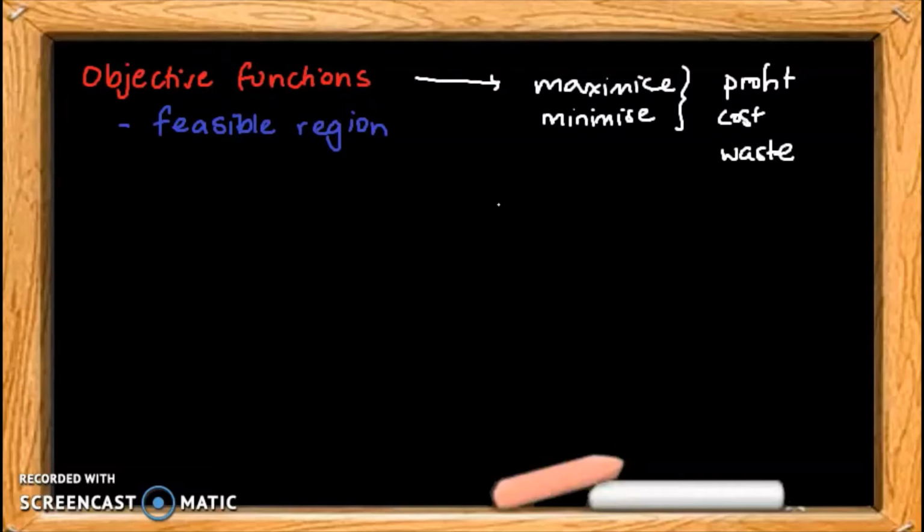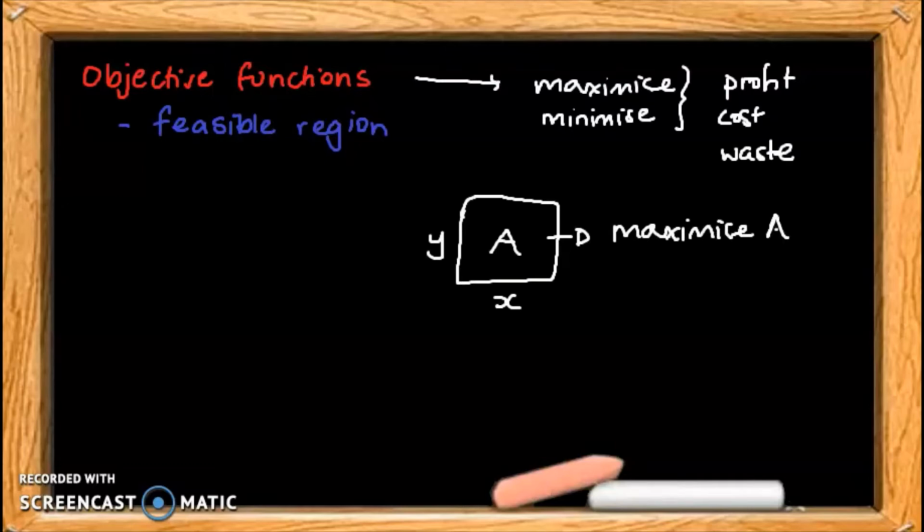If you were looking, for example, at an area, let's imagine we have some kind of rectangle with dimensions y versus x. The objective function here could be the area, and you might be asked to maximize the area. Now we know the area is x times y.